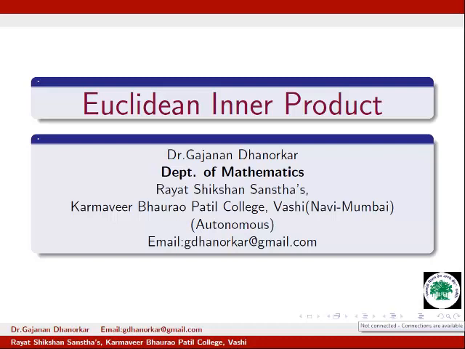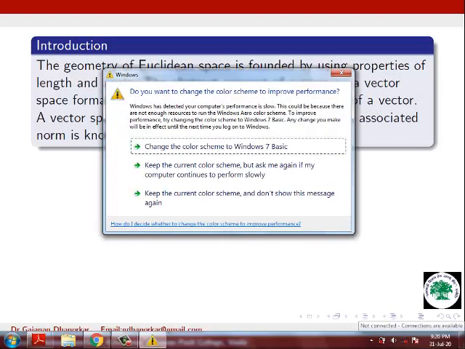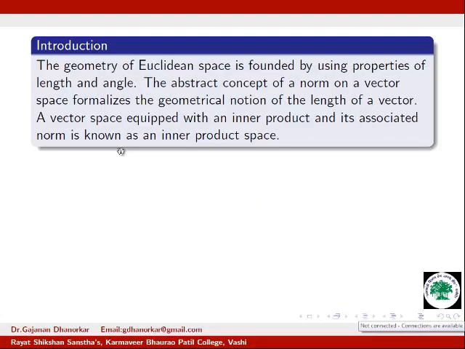For that I will recall what you already know about vector space, moreover real valued vector space, and from this vector space we will try to extend to our Euclidean space. Now for this Euclidean inner product space, we will recall the prerequisites.